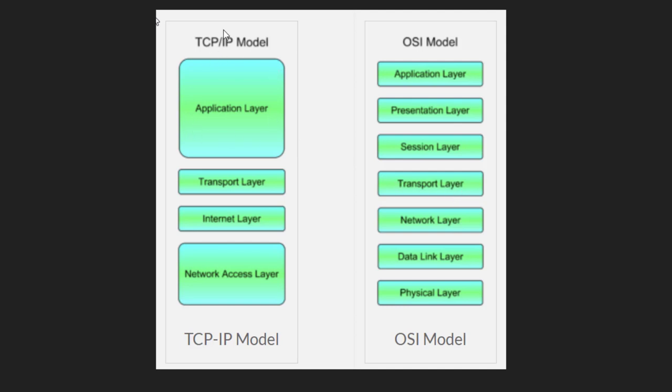Next is layer 4, which is the application layer. This layer combines the session, the presentation, and the application layers of the OSI model. The protocols for specific functions such as email, Simple Mail Transfer Protocol or SMTP, and File Transfer Protocol reside in this level.